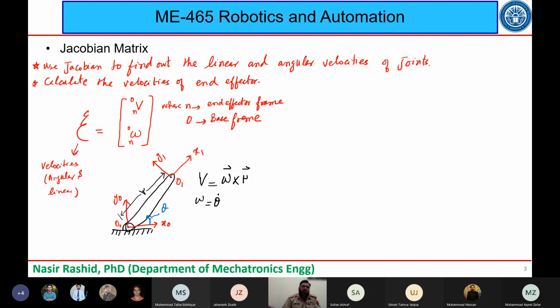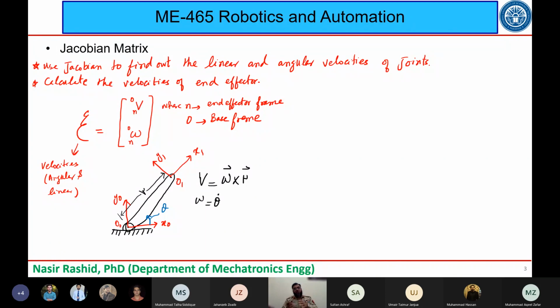Now this O1 or frame 1 will not only have a linear velocity, but also omega, with which it is rotating about its previous axis z. So the frame 1 rotating around z0, that will be the angular velocity of this frame 1. So I repeat, frame 1 will have two types of velocities.